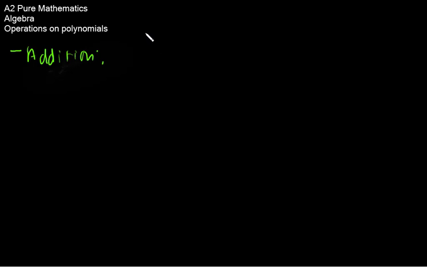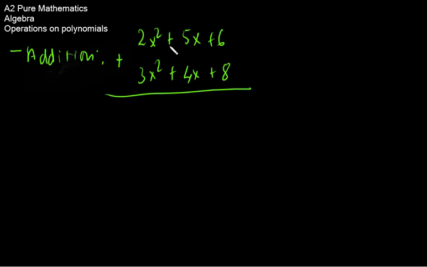So say we have two quadratic functions, 2x squared plus 5x plus 6 and we're adding 3x squared plus 4x plus 8. Adding these up, for terms with x to the power of 2, you add their coefficients.